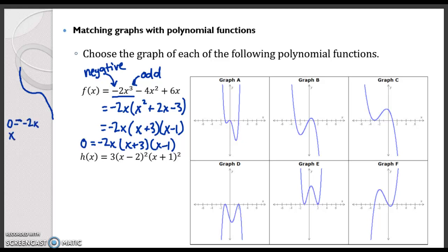That would mean x equals 0 is a root. X plus 3 equals 0 means x equals negative 3 is a root. And then the x minus 1 equals 0 means that x equals 1 is a root. So I should have a root or an x-intercept or a 0 at x is negative 3, x is 0, and x is 1, which only happens for graph B.